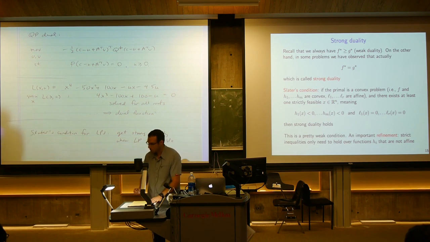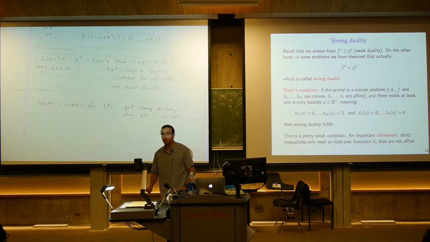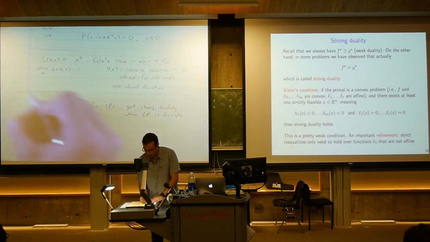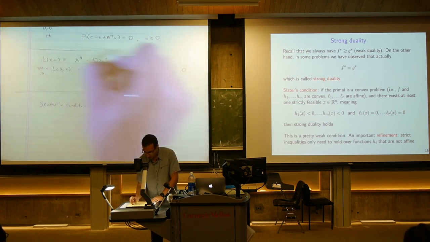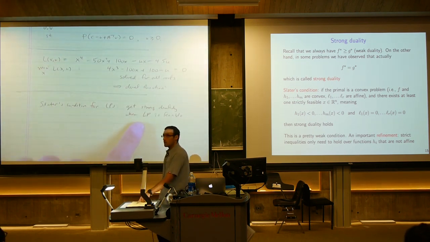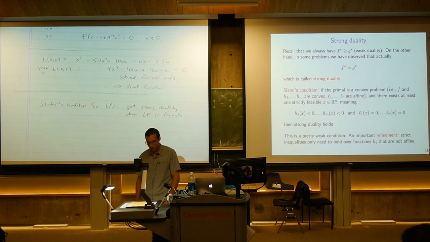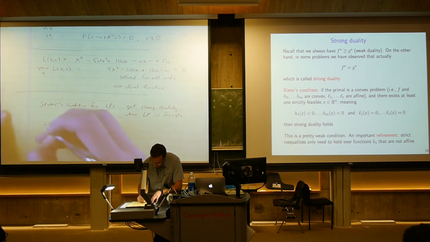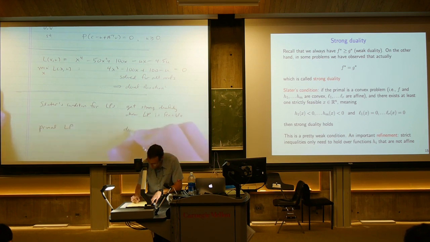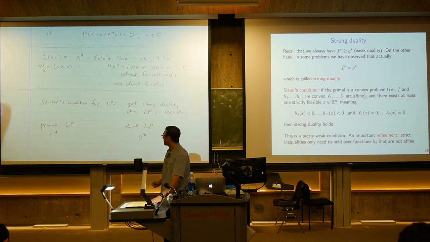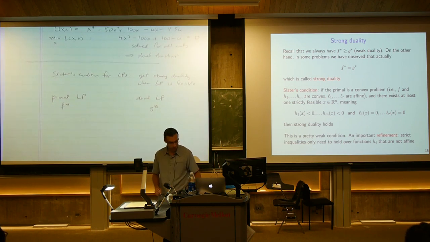Because we don't need strictness anywhere, because all the constraints are just affine constraints. So as long as the LP is feasible, we get strong duality. So let's ask ourselves what happens for linear programs.